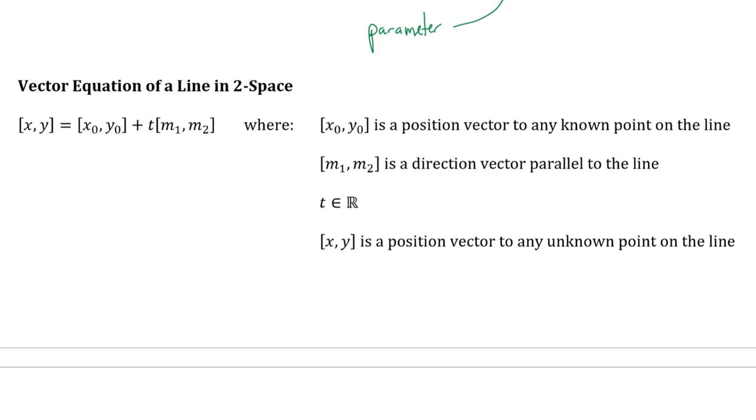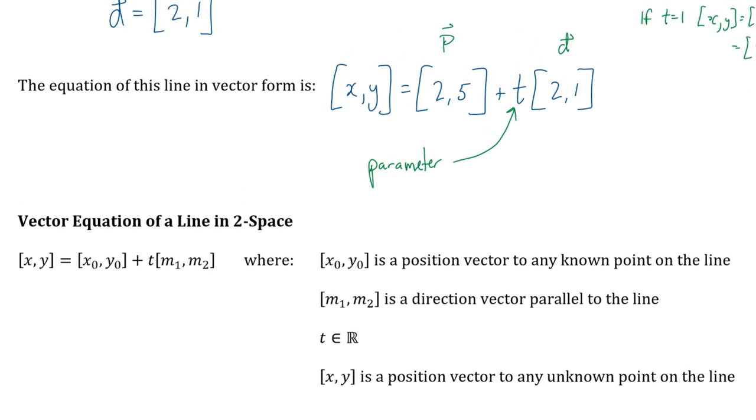And by changing t, I will get any and all of the points on the line, or position vectors to those points, okay? So this is the vector form of an equation of a line. It is one of the many forms that we're going to talk about, and it's important, okay? Some of them are going to be a little bit more important than others. This one's fairly important.